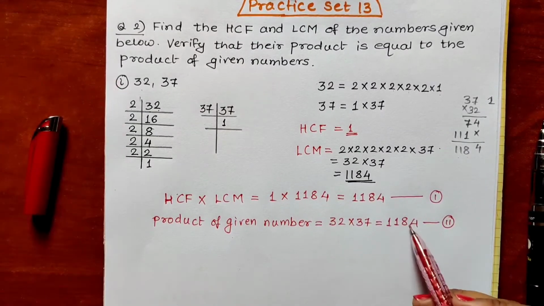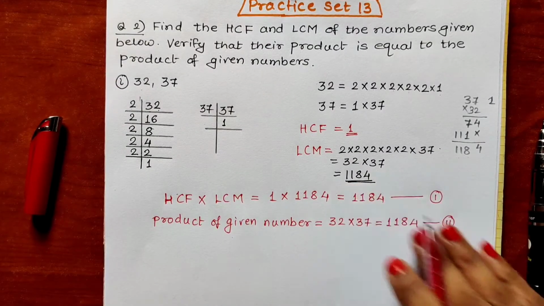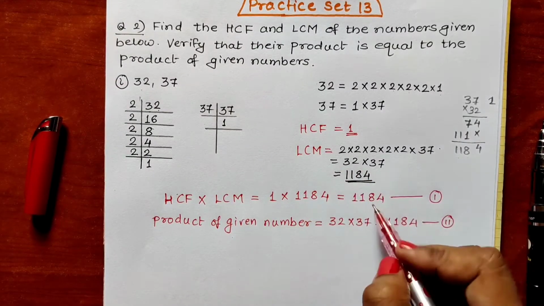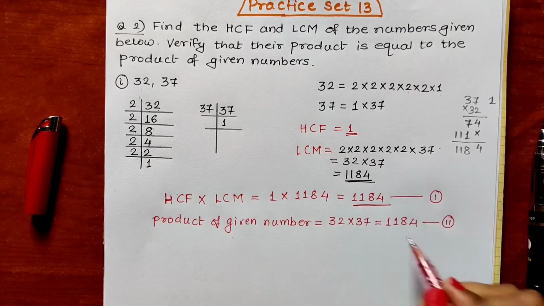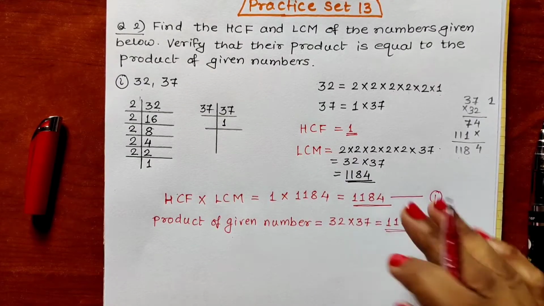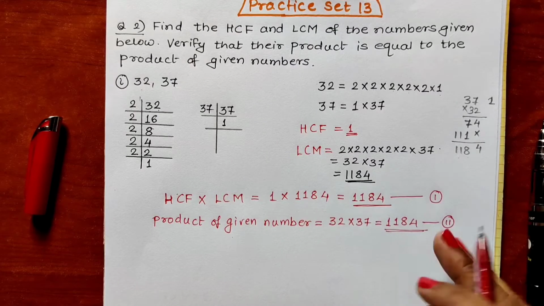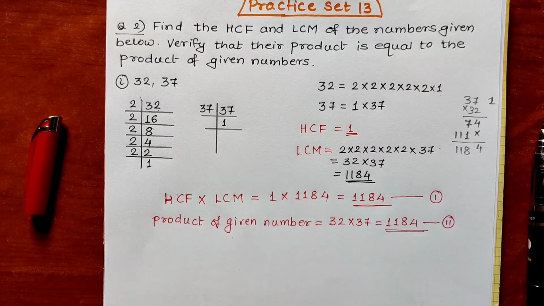So from 1 and 2 what we can observe? We can observe that their right hand side is same. It is equal, 1184, 1184. So when the right hand side is equal, automatically left hand side will also become equal. So what we should write?